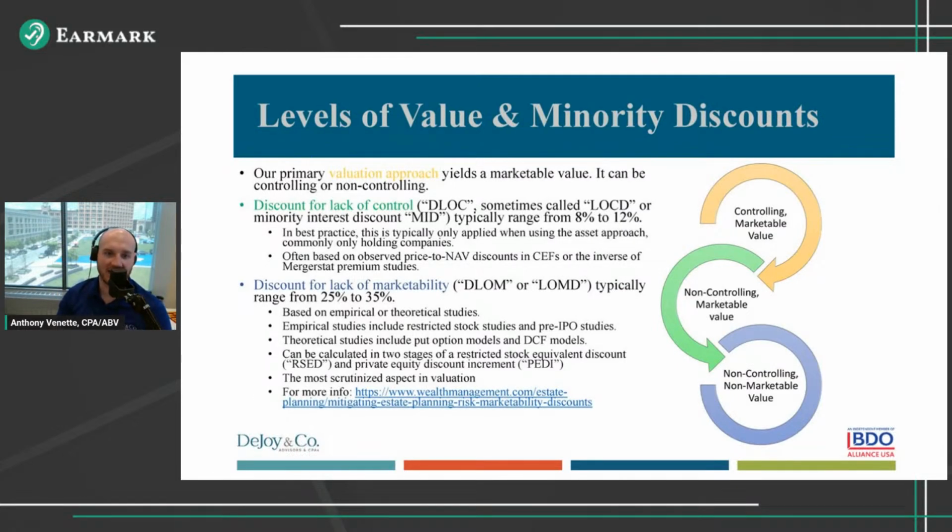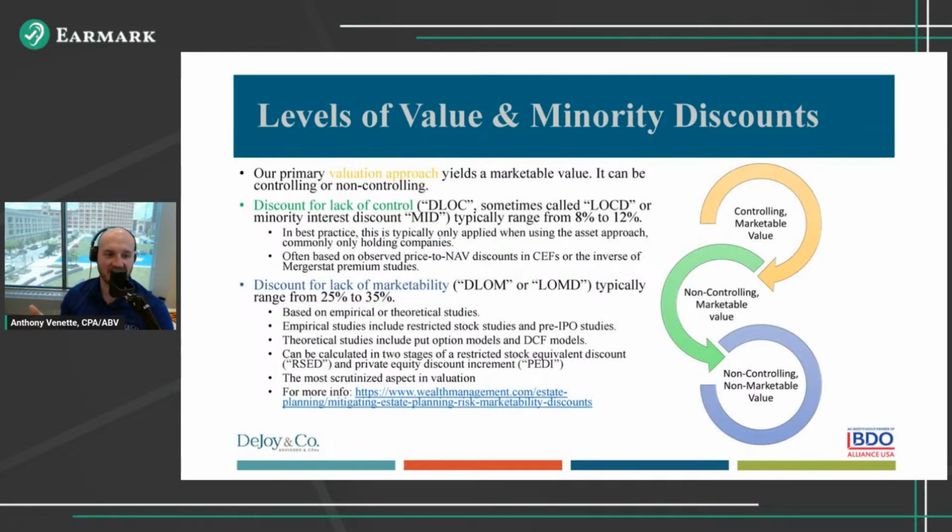Let's talk about levels of value and minority discounts. So, like I said, our primary valuation approach would be either the income approach, market approach, or asset approach. We have two primary discounts we focus on. That's discount for lack of control and discount for lack of marketability. Discount for lack of control is the fact that if I don't control a business, meaning I'm a minority interest, something less than 50% voting interest, I don't control the management of the business.